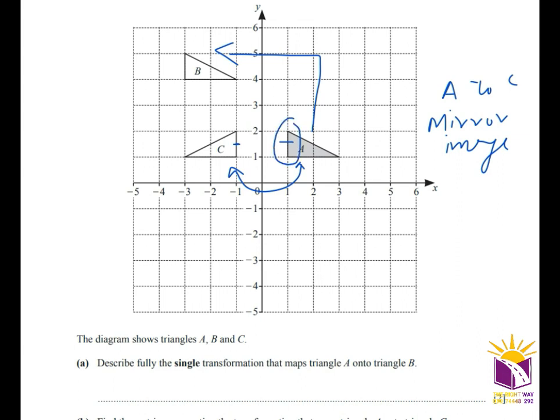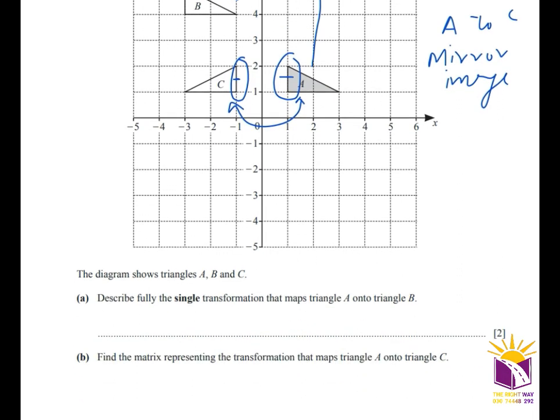Perpendicular on left, perpendicular on right. So it is a mirror image. Then we check for rotation, but A and B are not rotated. So the movement of A to B is called translation.